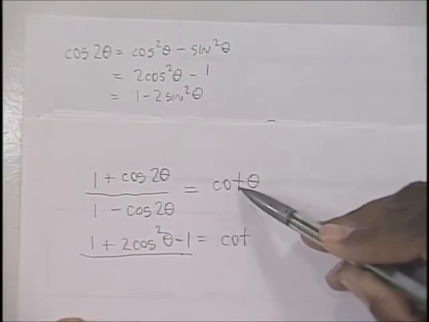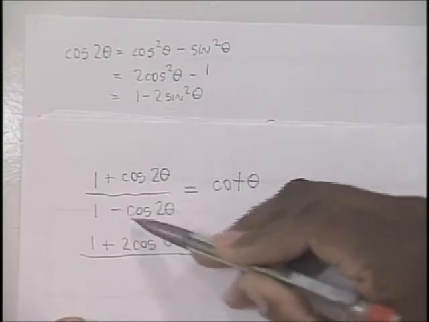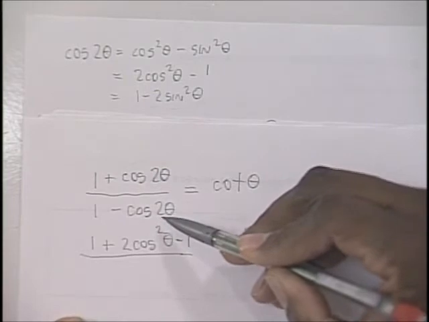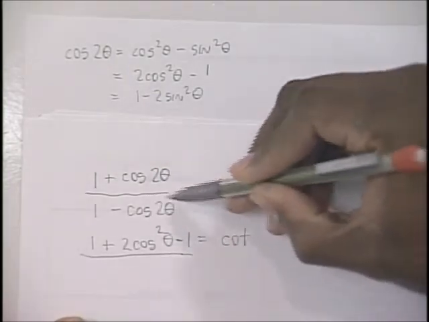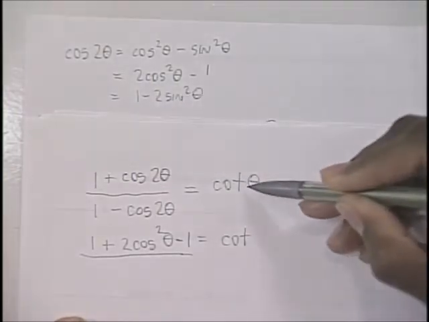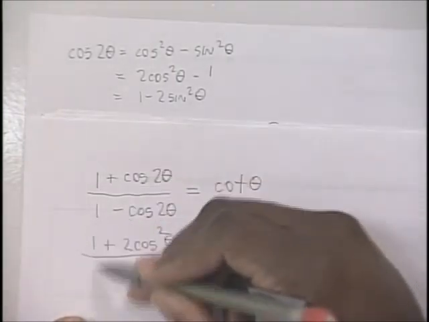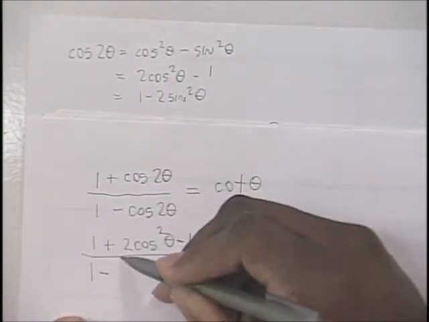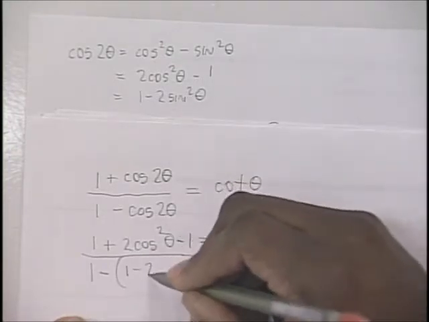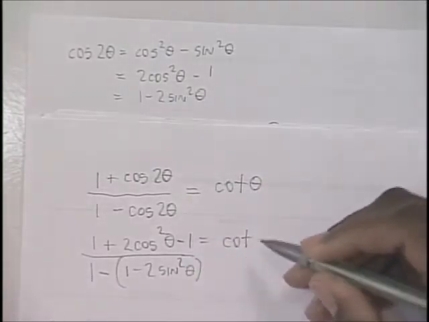The fact that this has a denominator of sine theta is going to impact how you redefine cosine 2 theta. You want sine theta at the bottom. So now I'm going to rewrite this cosine 2 theta as 1 minus 2 sine squared theta because of my desire to have sine in the denominator over here on the right.